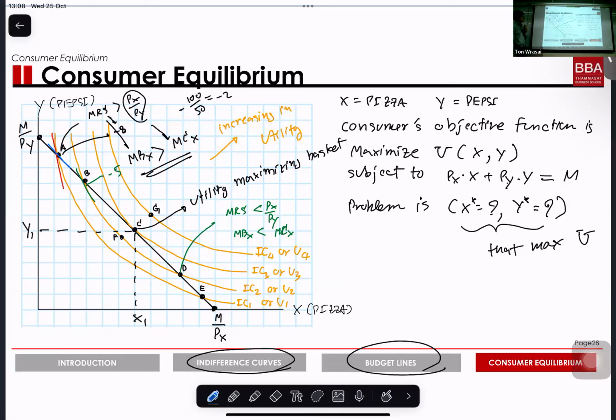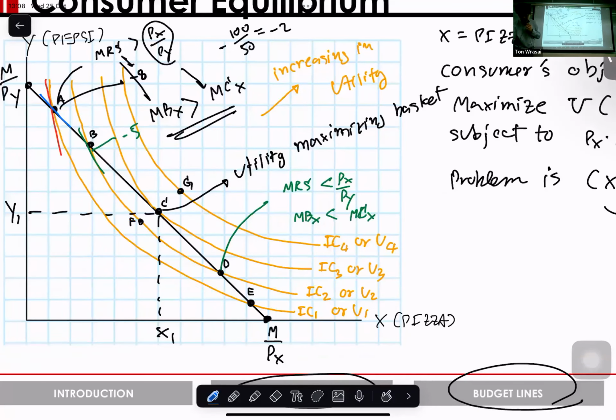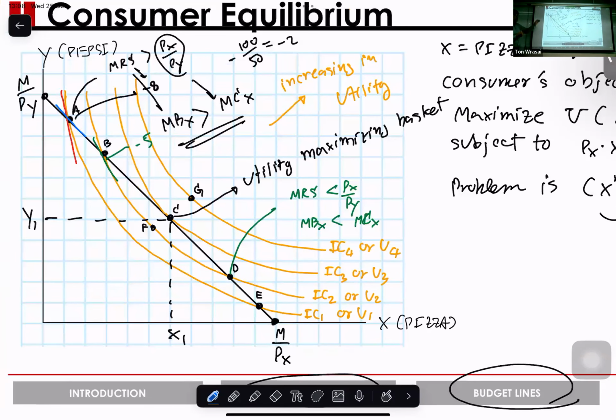Take a look at this. We have the budget line, this black one, and then we introduce indifference curves into this diagram.